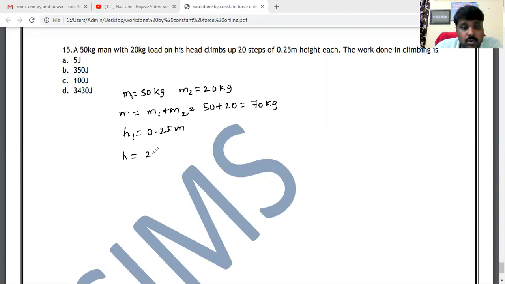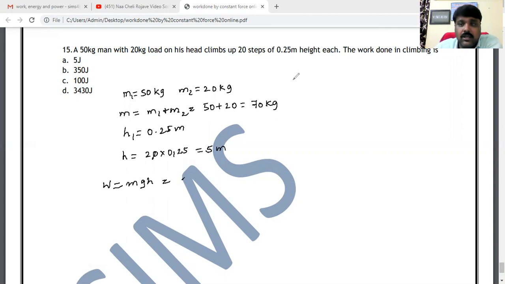H equals 20 into 0.25, which is 5 meters he climbed up. The work done in climbing up is, in this case, potential energy. W equals mgh.